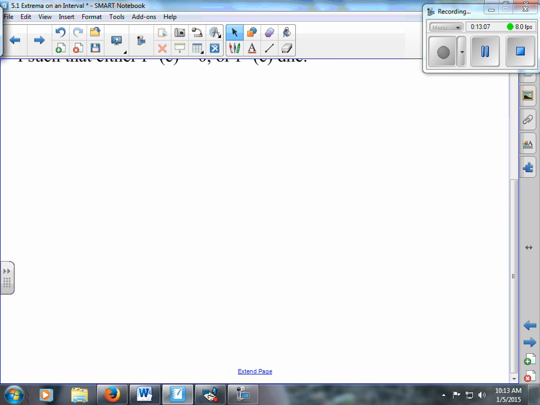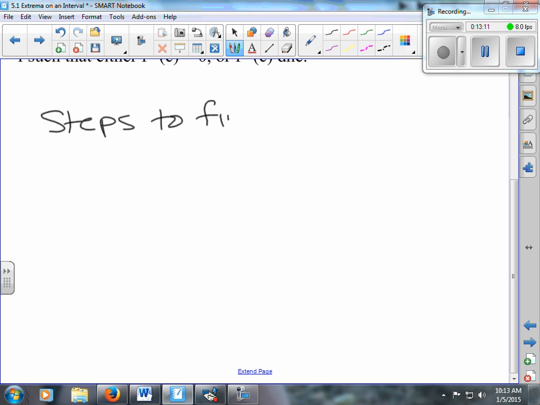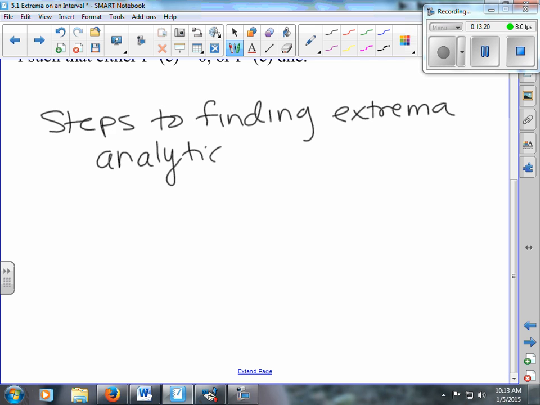So, steps to finding extrema without a graph, okay? That's called analytically. And essentially what we're going to do is use Fermat's idea. One, you're going to find critical numbers.